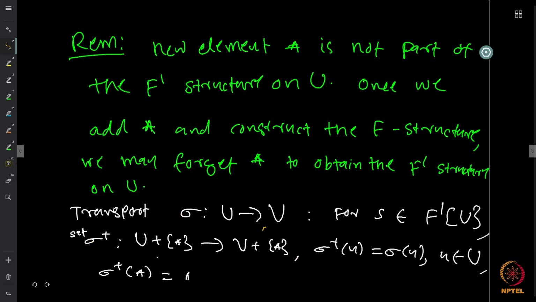You add star to each of U and V, such that sigma plus of u is sigma of u for every u in big U, and sigma plus of star is equal to star. So star is always mapped to star by sigma. If you make sure that this is there, then the transport of the structure along sigma can be carried out without trouble.